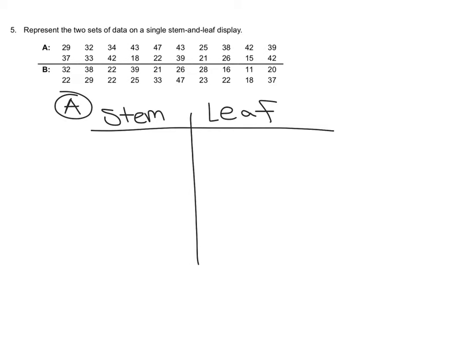If we look at all the values in A, we can see that we have a stem of 1, we have a stem of 2, we have a stem of 3, and we also have a stem of 4. Now, these stems repeat among the numbers, but I'm only listing the stem once each. So I'll write down my different stems. I have 1, 2, 3, and 4.